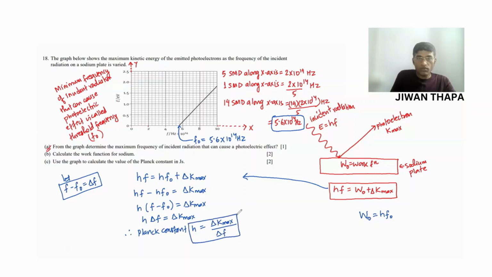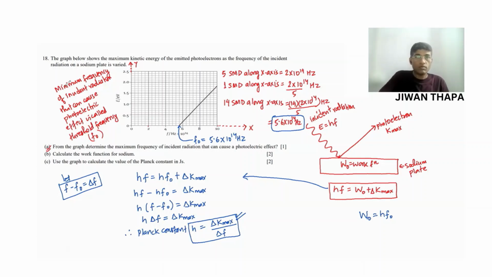So we are going to use this relation in this graph to determine the value of Planck's constant. So Planck's constant equals change in maximum kinetic energy by change in frequency. So we need to find the slope.